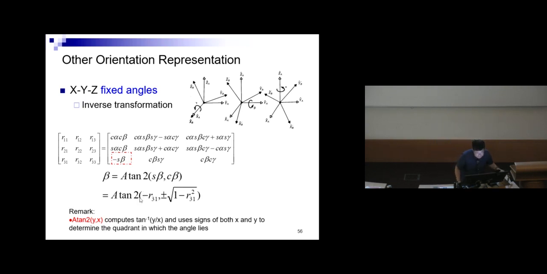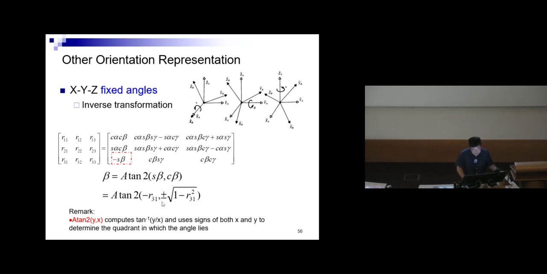From here, the sine beta itself will be equal to minus R31, since R31 is minus sine beta by observation. So the cosine beta will be equal to plus or minus the square root of 1 minus R31 squared.